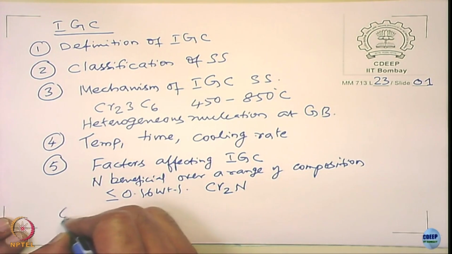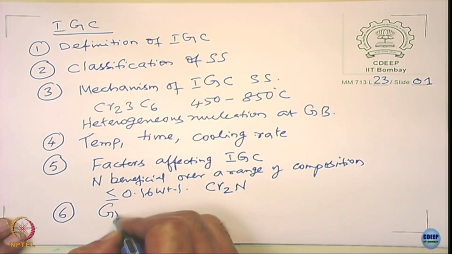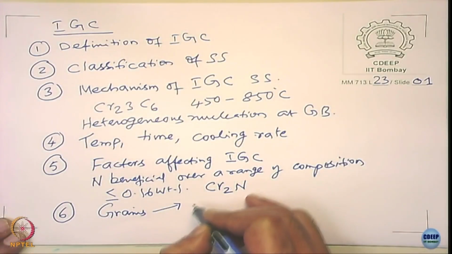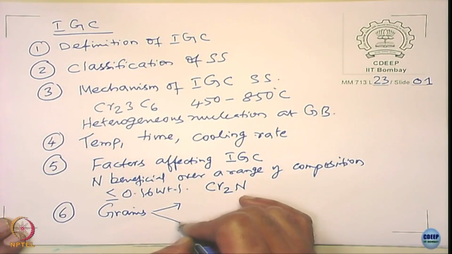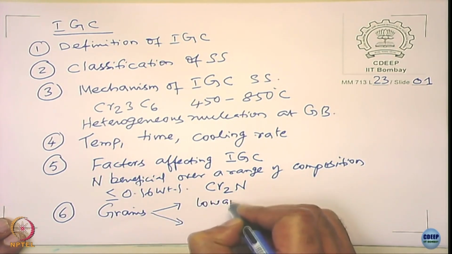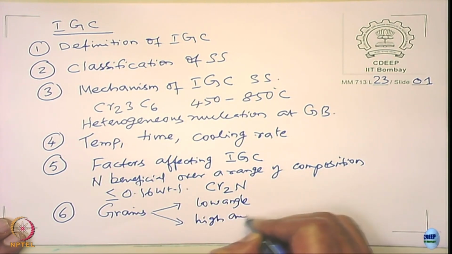Then we looked at the grains, right, the role of grains. After all, the sensitization occurs at the grain boundary area. So the nature of the grain boundaries affects the corrosion. We said that the energy of the grain boundary is dictated by whether it is going to be a low angle or a high angle grain boundary.